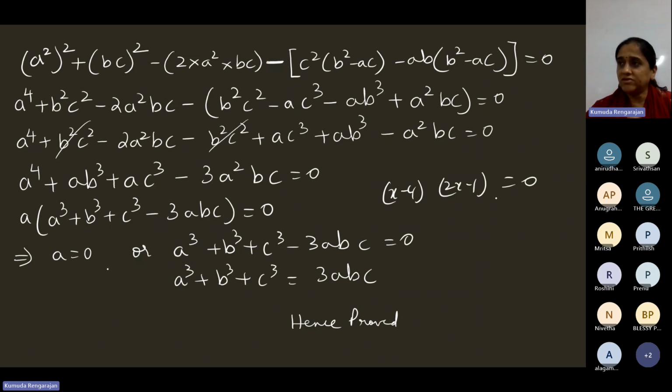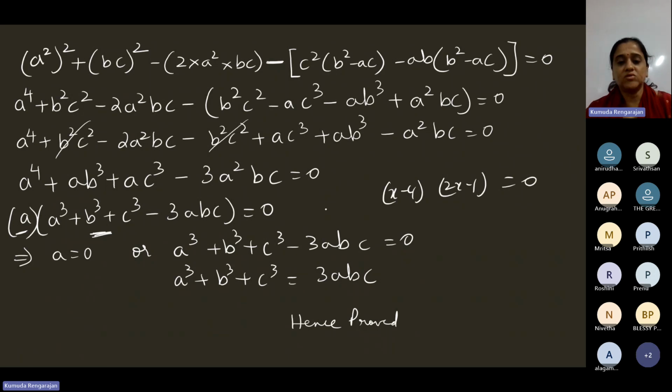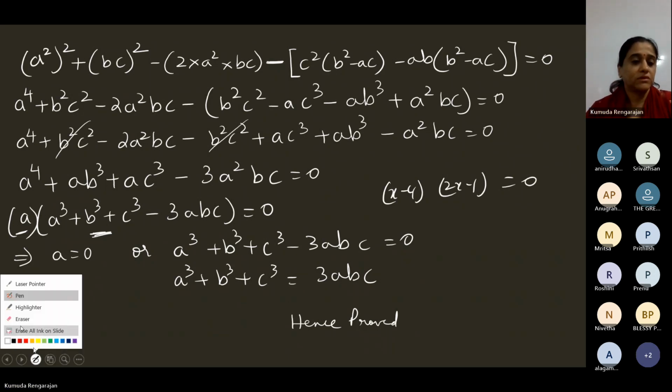So either a is 0 or this bracket is 0. We have to show that a is 0 or a cubed plus b cubed plus c cubed is 3abc. So take this to the other side. Hence proved.